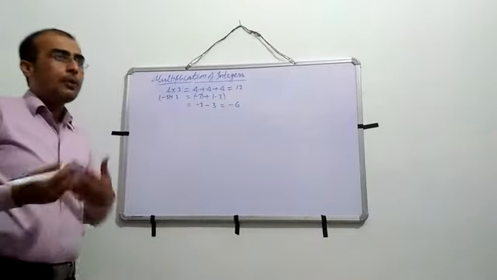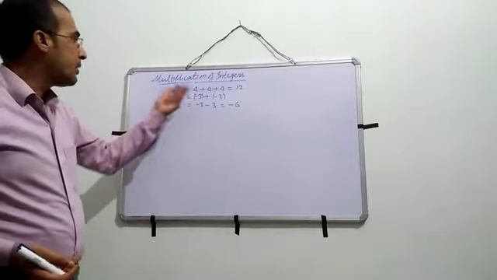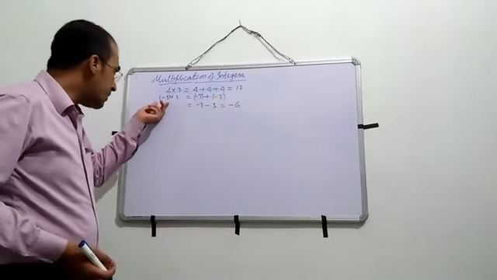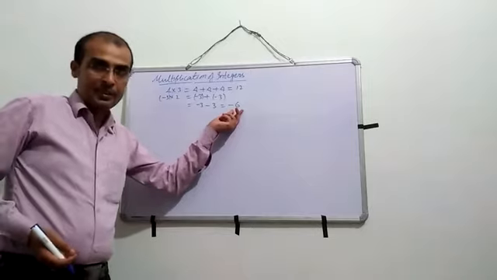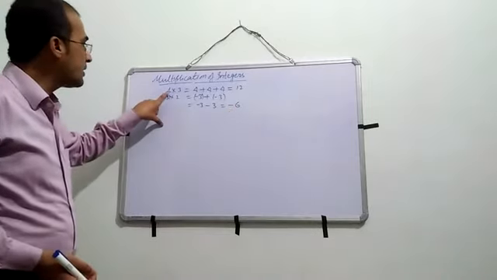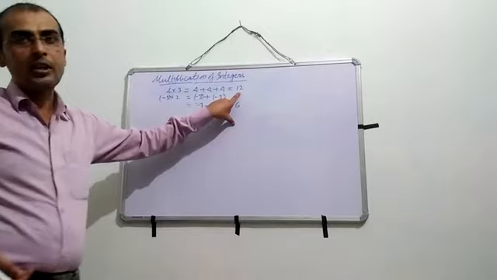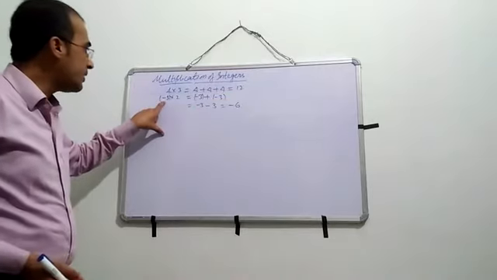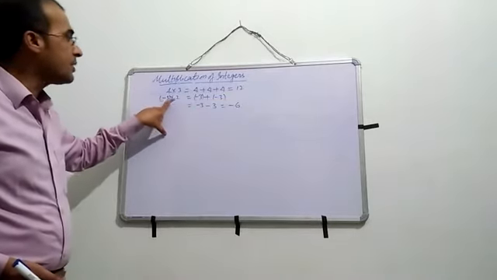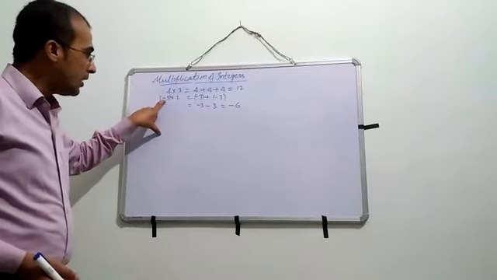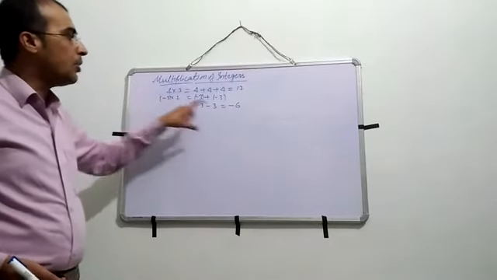So we can verify that 4 into 3 equals 12, and minus 3 into 2 equals minus 6. Here this is positive and this is positive, so the product is positive. Here this is minus and this is plus, so the product of negative with positive is negative.